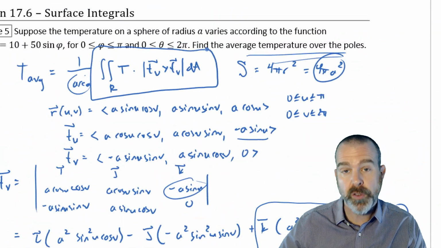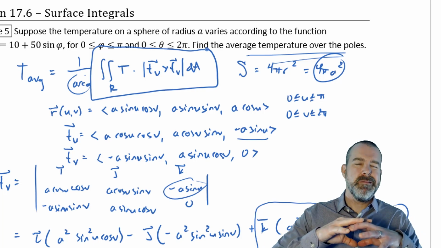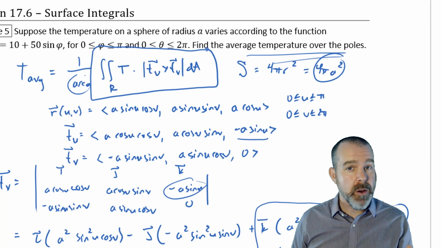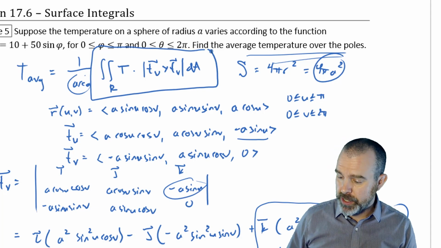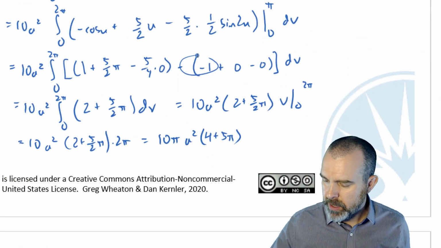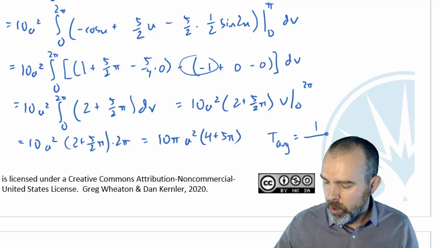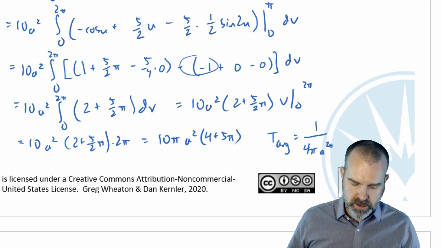We just found the surface integral of the temperature, kind of like total temperature. We want to divide by the surface area to get the average temperature. The average temperature will be 1 over the surface area, which we said was 4 pi a squared.